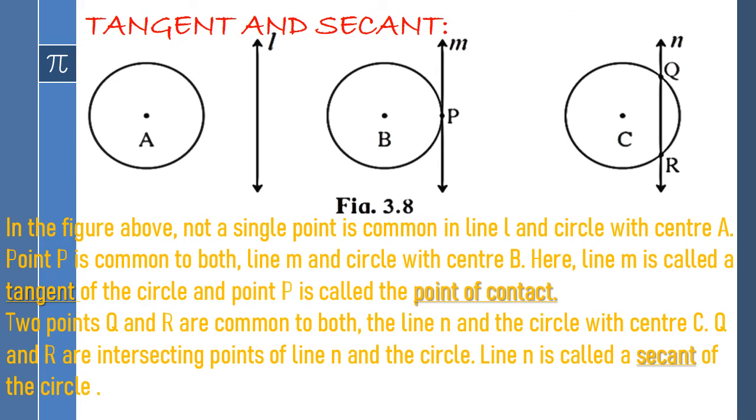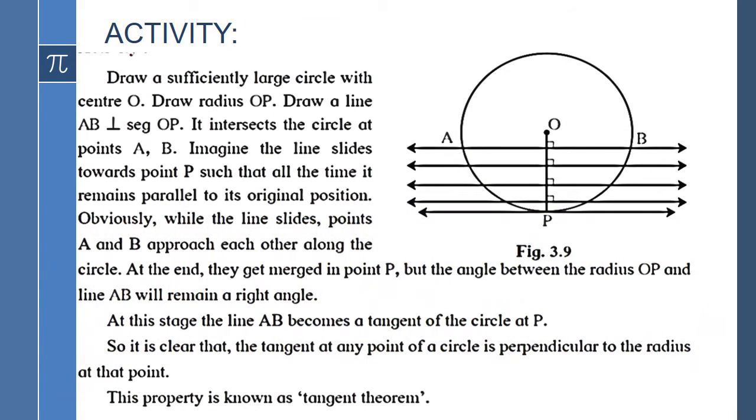Now next, here is an activity, and in this activity we will conclude a very important property or theorem of tangent and circle. Draw a sufficiently large circle with center O, radius OP, and draw a line AB perpendicular to segment OP.